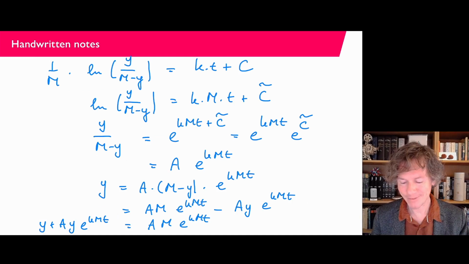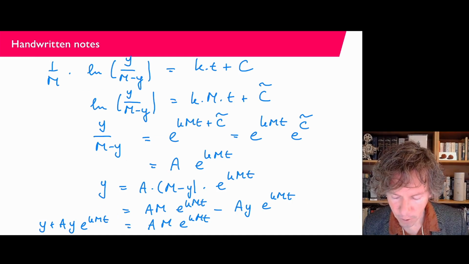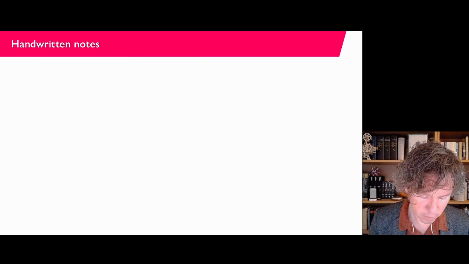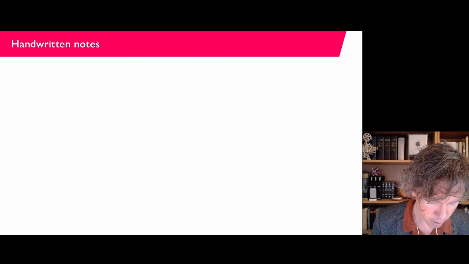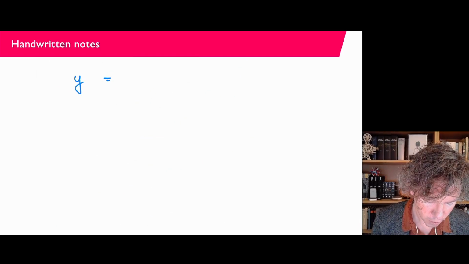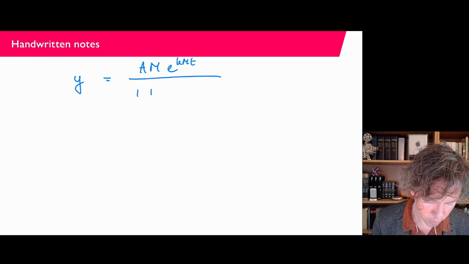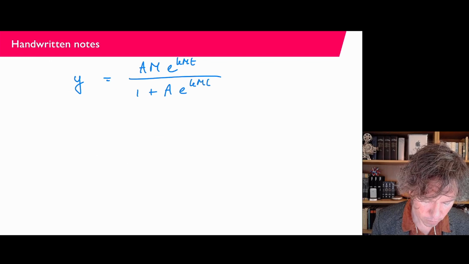Then I can divide by it, and then we're almost at the final form. So what I have now found is that apparently y equals a m e^(k m t) divided by 1 plus a e^(k m t).